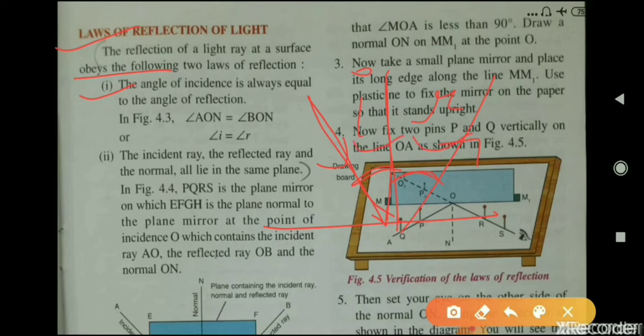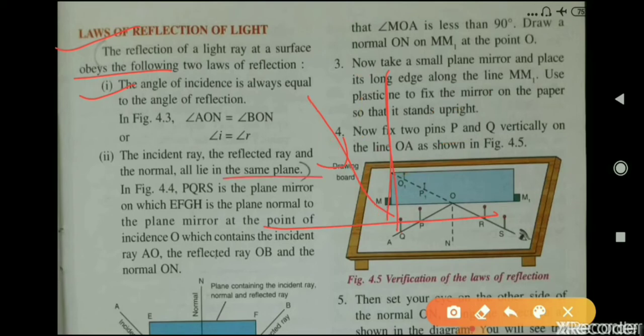The second law is that the incident ray, the normal and the reflected ray all lie in the same plane.